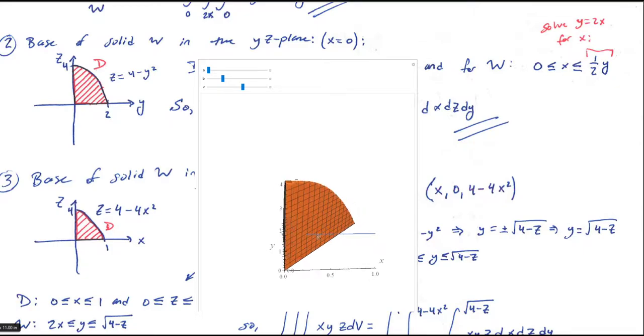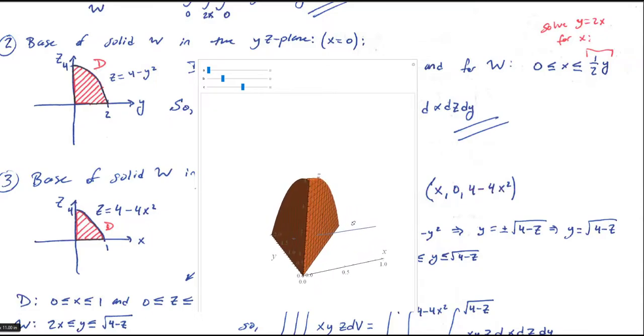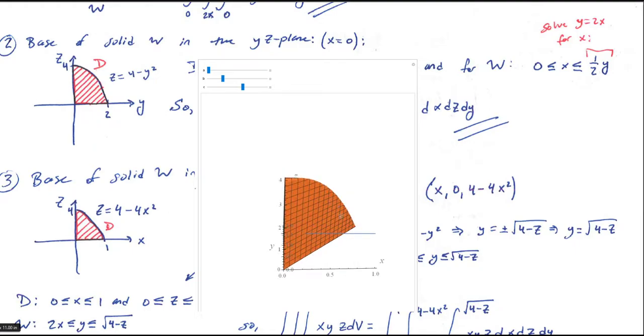And what we're going to do is we want to project this onto the xz plane. So this means we're going to take all of these points and flatten them into this region here. And to do that, we just set all the y values equal to 0. Because the equation of the xz plane is y equals 0.